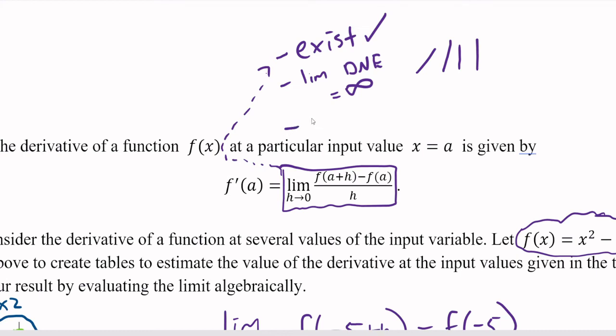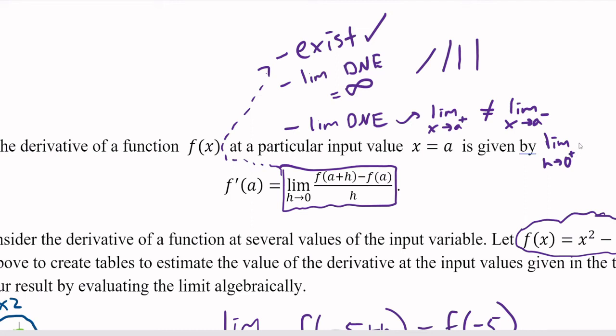And then what else could happen? The limit, again, could not exist, and it's not infinity. It breaks because something like the limit as x approaches a from the right does not equal the limit as you go from the left. Or if we're using this one, really what we should write is the limit as h approaches 0 from the right doesn't equal the limit as h approaches 0 from the left.